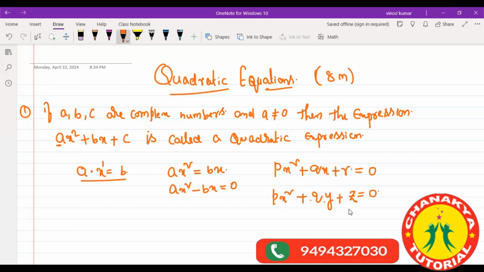This is a quadratic equation of three variables x, y, z. Sometimes x square, y square, z square. Whenever the highest degree of the variable in the expression or equation is 2, it is a quadratic expression or quadratic equation.